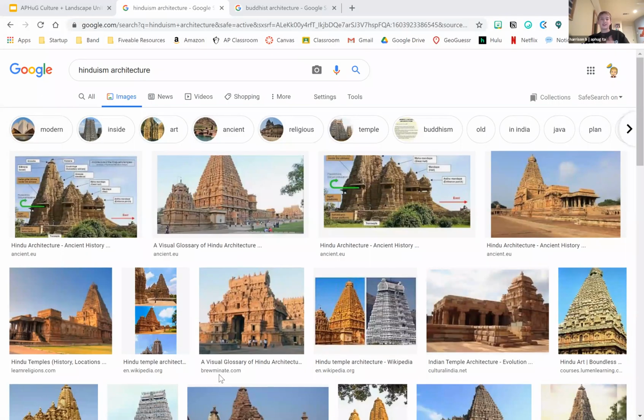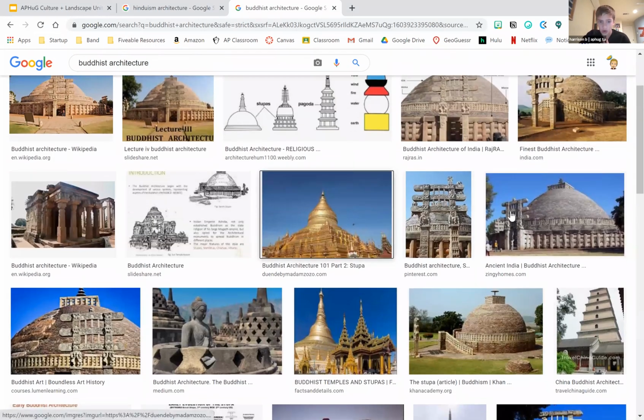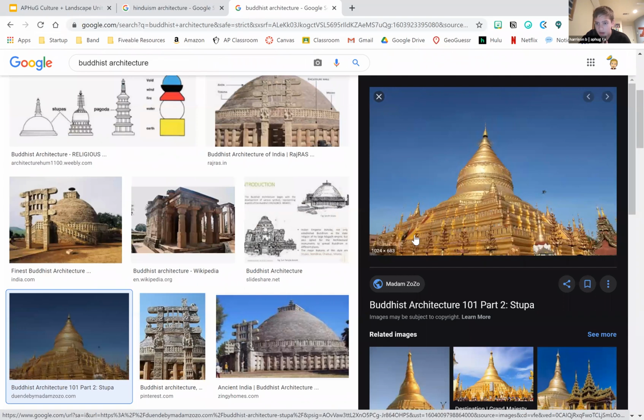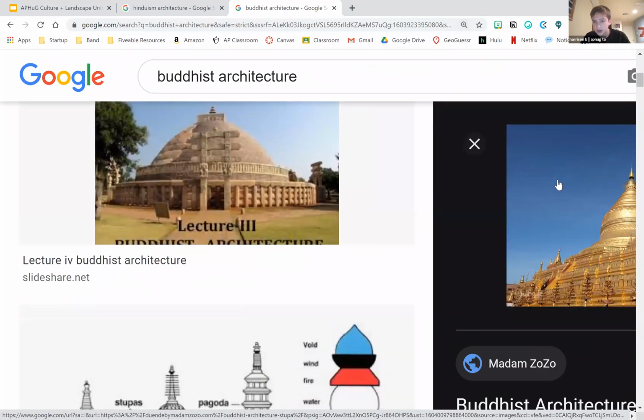So a big thing with Buddhist architecture is there will always be a Buddha there. If that's not necessarily true, I'm so sorry, but every time you see Buddhist architecture and you're asked what it is, there will always be a Buddha there. Like right here, this big gold bronze one. I don't know if you can see it because I'm not zoomed in enough, but there are baby Buddhas around the edges of the building.